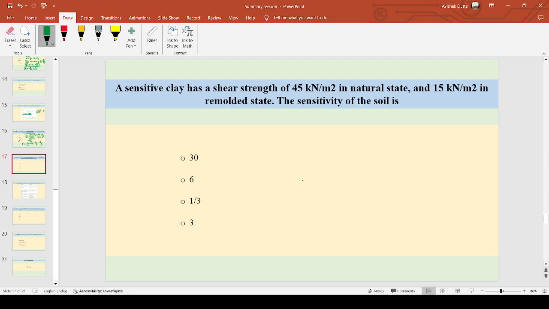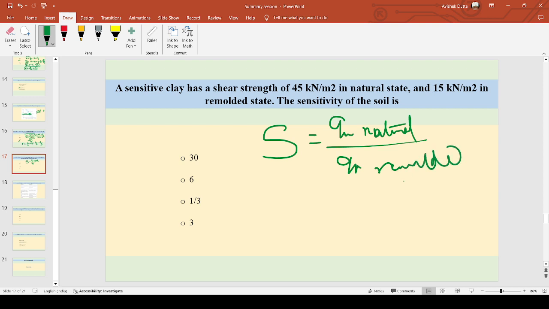The sensitivity of the soil is, so we know that sensitivity is the unconfined compression test, the natural compressive strength by the remolded compressive strength.